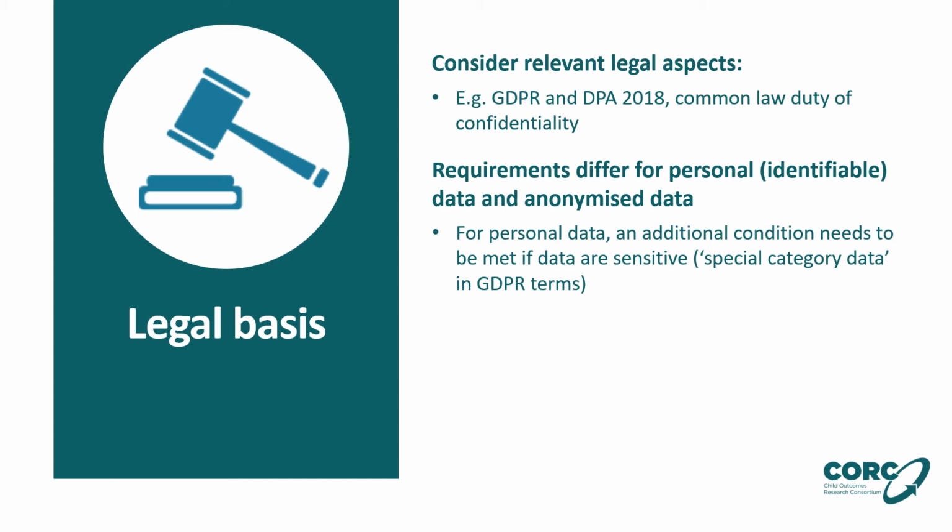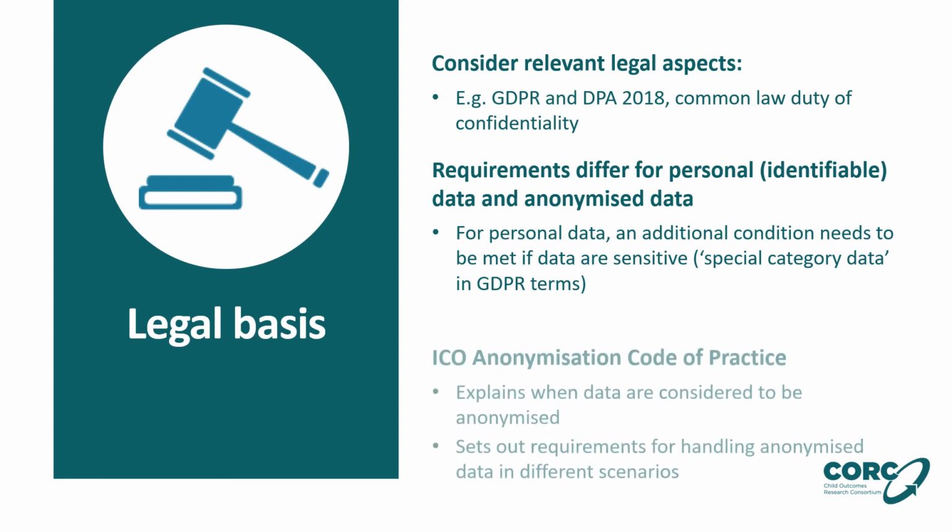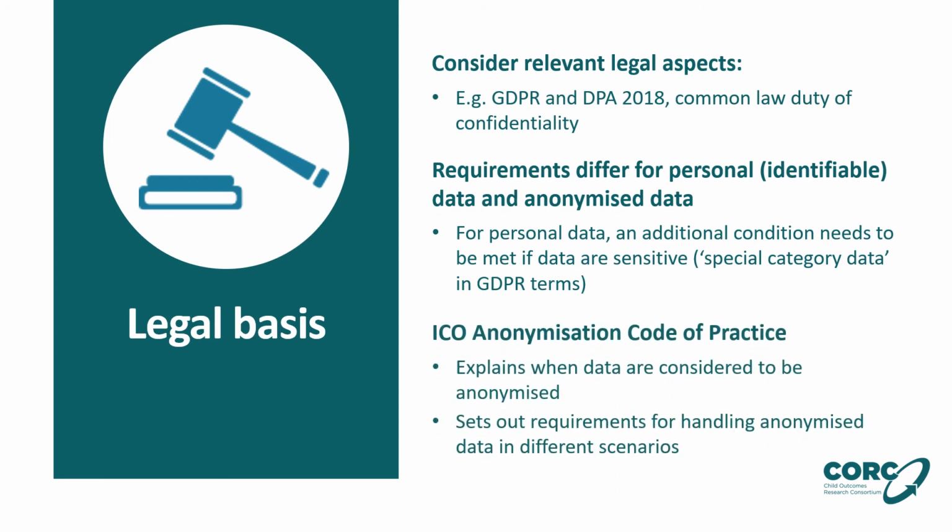For example, personal data concerning health fall under the definition of special category data and require an additional condition to be met for lawful processing. One of the reasons why effective anonymization can be a useful tool is that requirements differ for personal data and anonymized data. The ICO Anonymization Code of Practice is a useful reference document that goes into further detail.